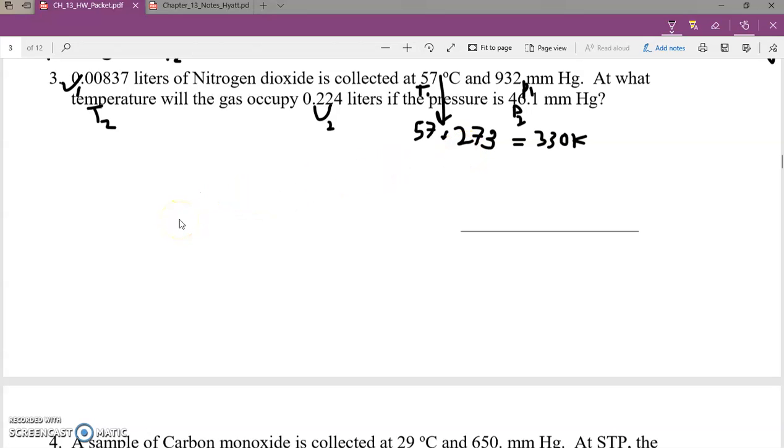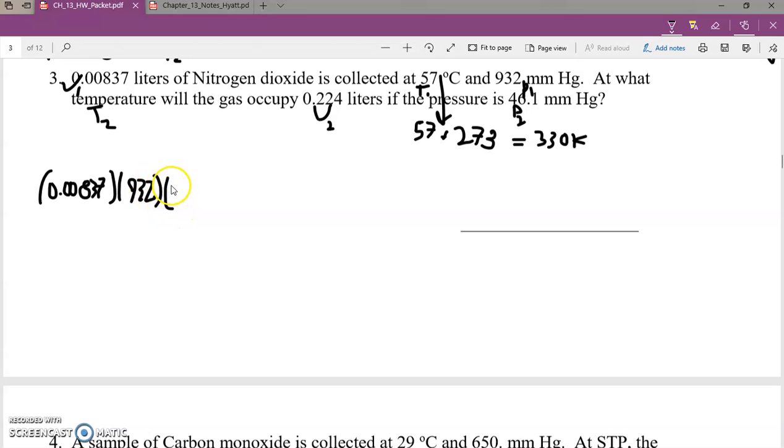V1 P1 T2 equals V2 P2 T1. So we take 0.00837 and multiply that by its first pressure, 932.